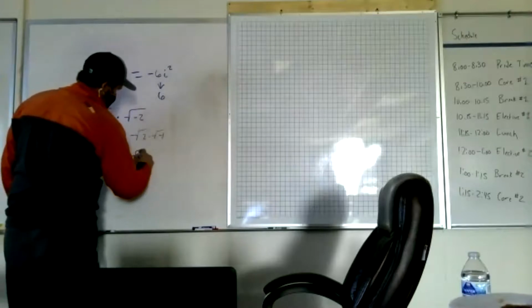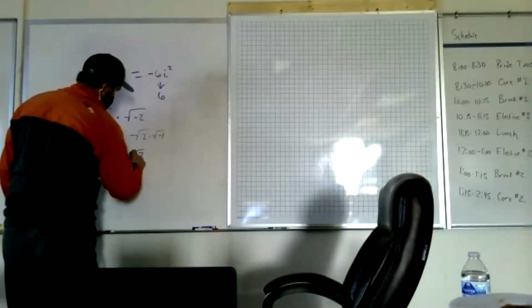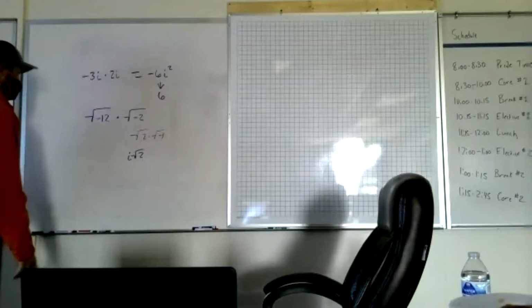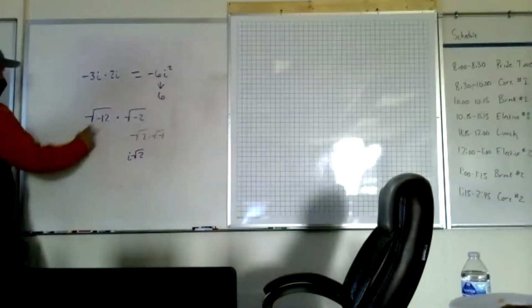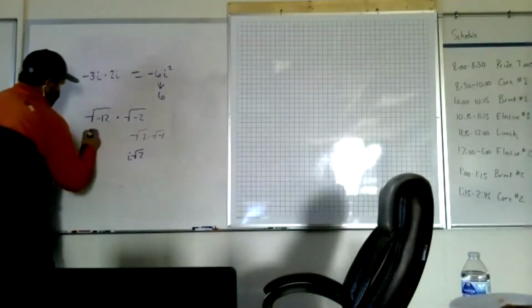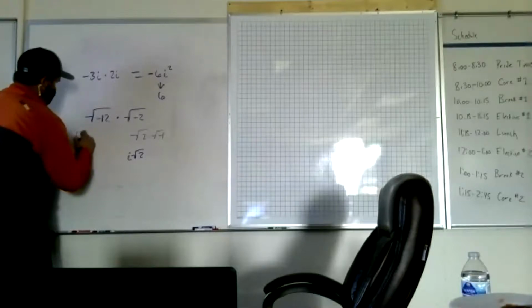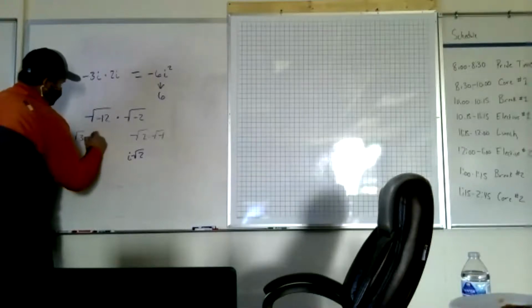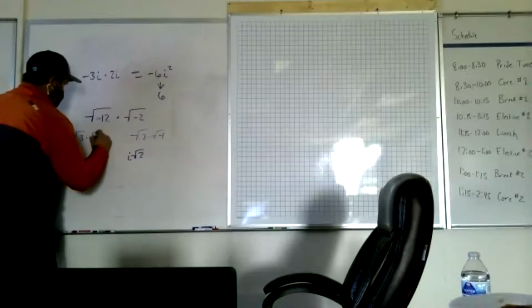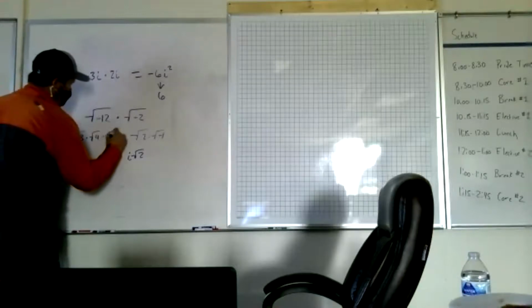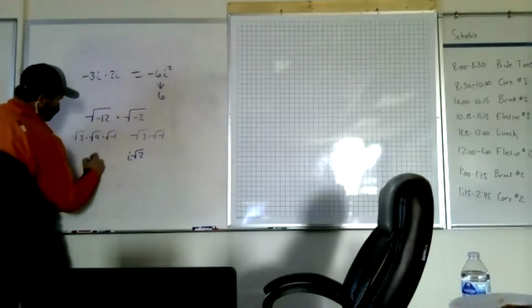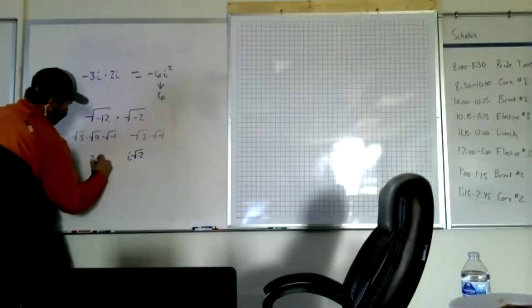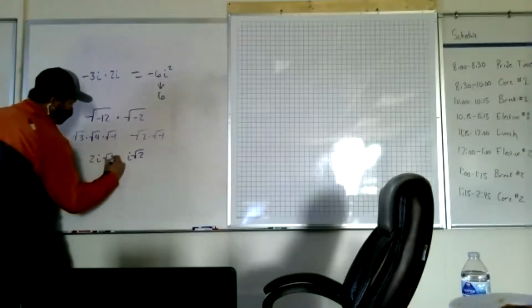That's the square root of 2 times i, or i square root of 2. This one here gets broken down into the square root of 3 times the square root of 4 times the square root of negative 1. So that is going to be 2i times the square root of 3.